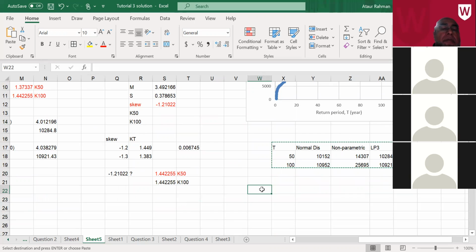You used a different KT because you copy and pasted, that's why you get the same. But the K50, you used a different one. No, sir, I said it should be K50. Yes, your K50 was different. You put it the same as K100.